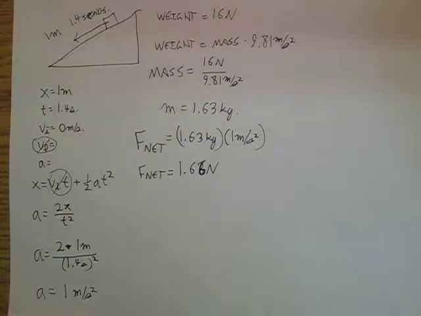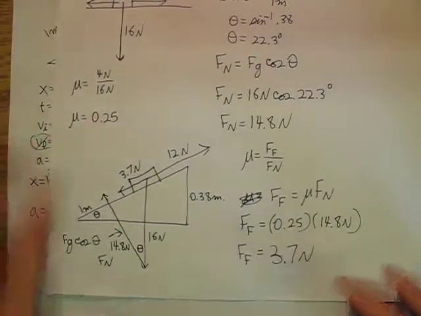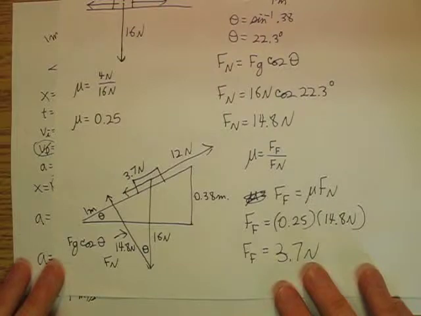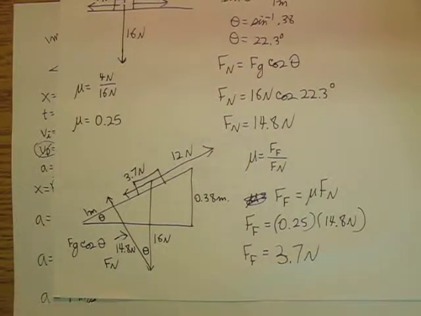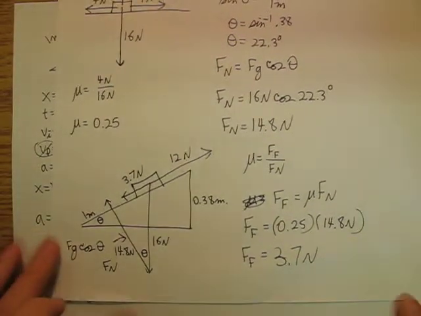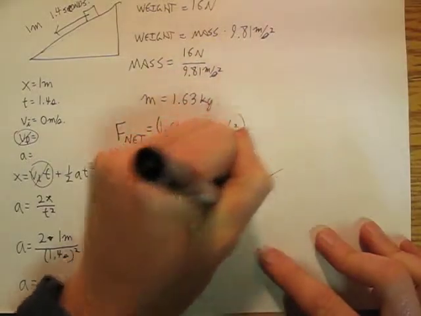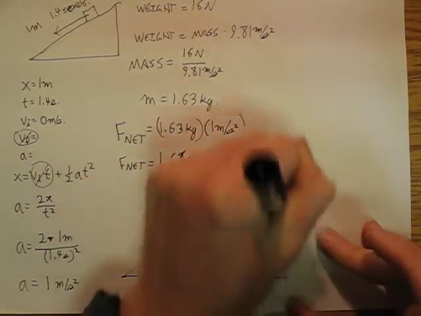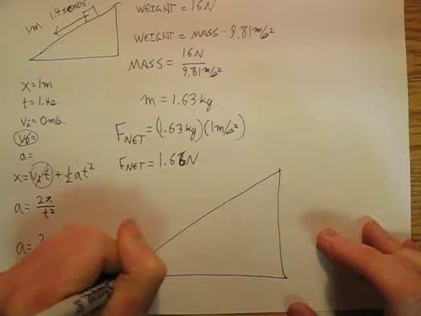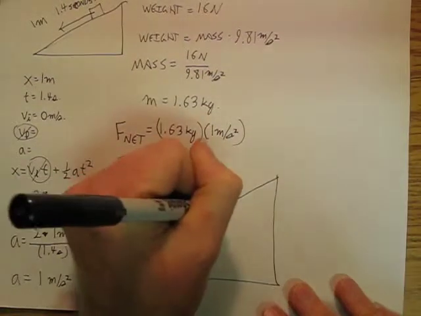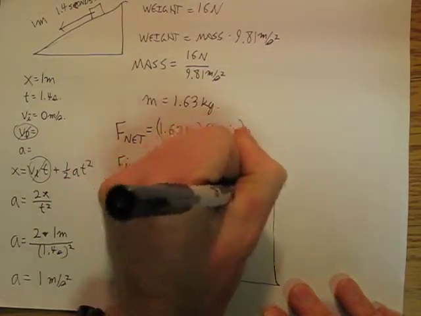Okay, so now let's analyze this from the perspective of the vectors that we found in this situation right here. I want to talk about an incline of 22.3 degrees, and I've got an object sitting on it.